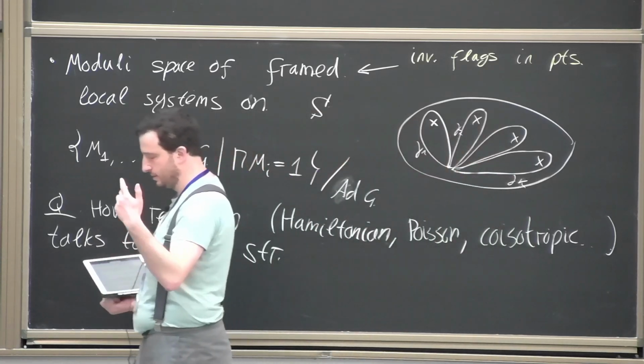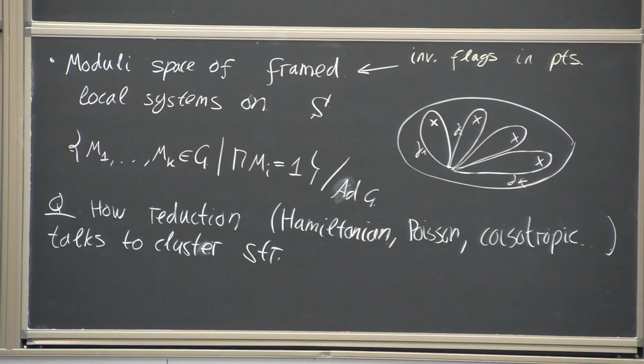So there is a class of varieties where we have a cluster structure or expect a cluster structure, and on the other hand, many important examples are obtained via Hamiltonian reduction. So, for example, if we know the cluster structure on the original variety, can we expect that we will have a cluster structure on the reduction? Or even if we can expect it, can we construct it in terms of the reduction and the original structure?